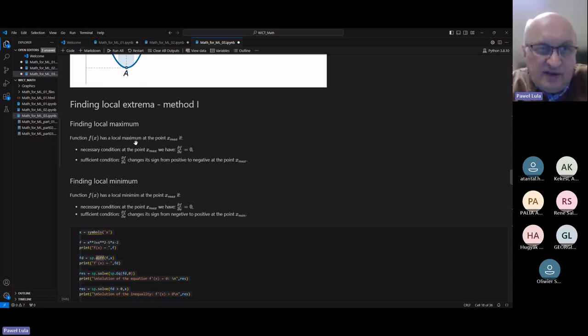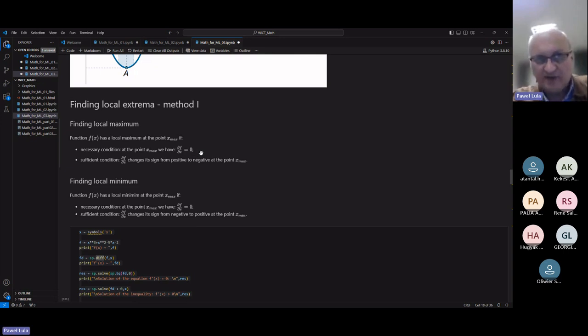If we want to find a local maximum of a function f(x), we should make two operations. First, we should define the first derivative of this function. And we should find points, x values, for which the first derivative is equal to 0.